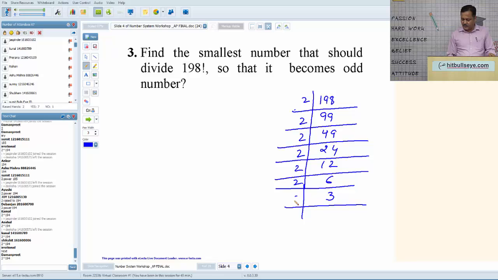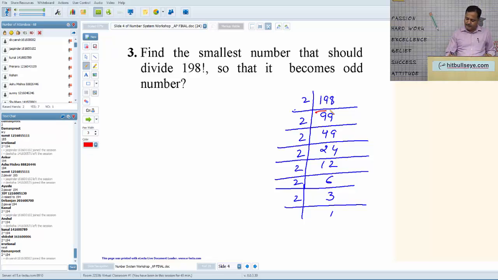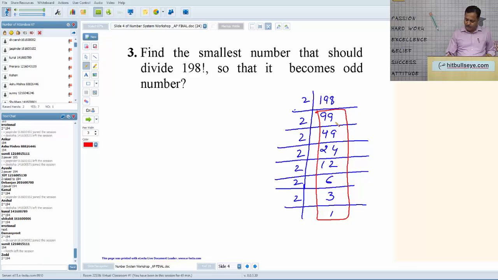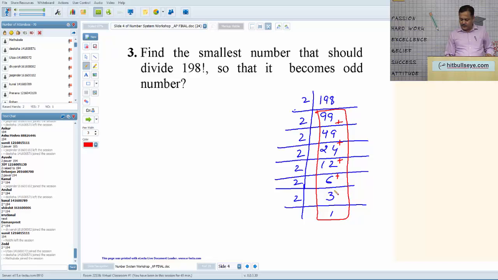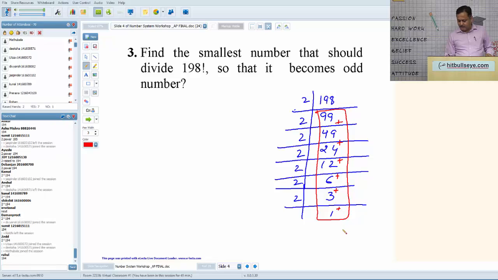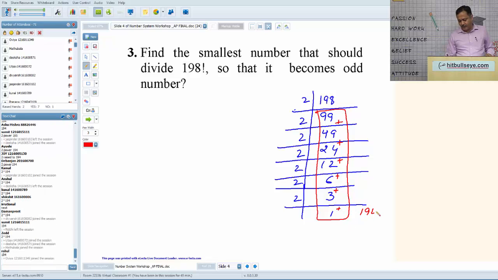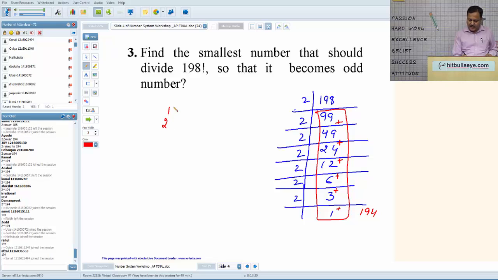Now next one is 1. So the sum of all these quotients is 99 plus 49 is 148, plus 24 is 172, plus 12 is 184, plus 6 is 190, plus 3 is 193, plus 1 is 194. So the highest power of 2 in 198 factorial is 194.